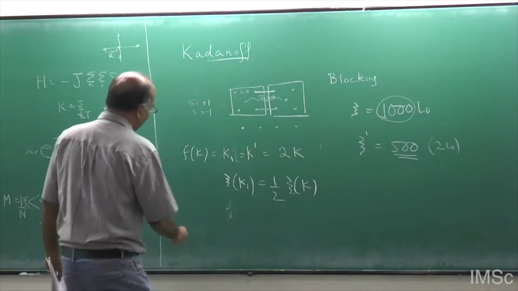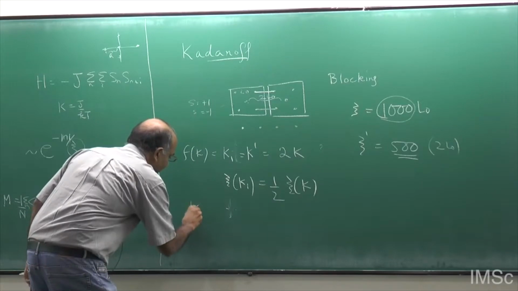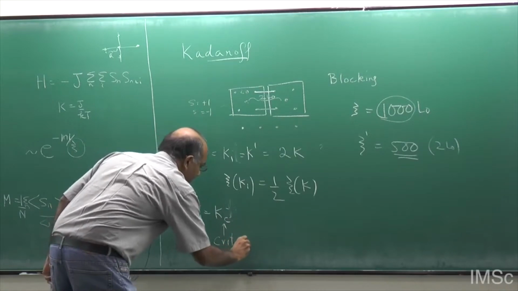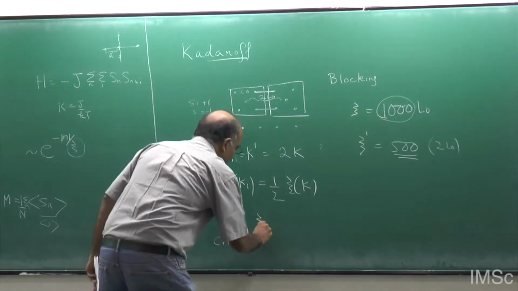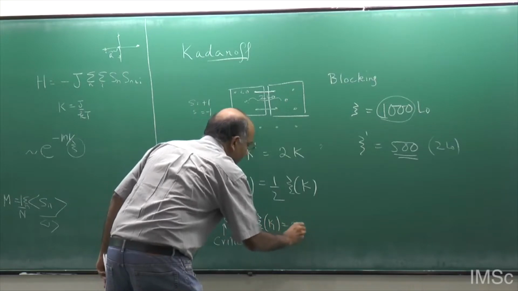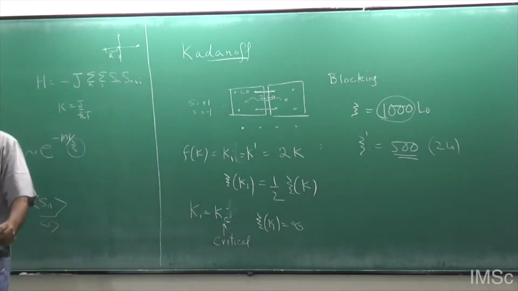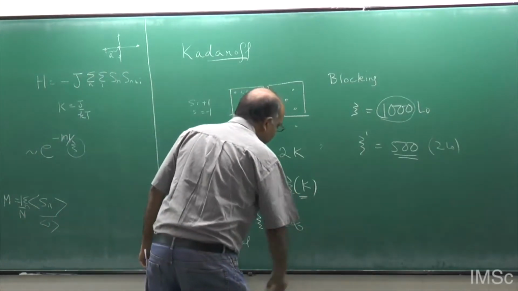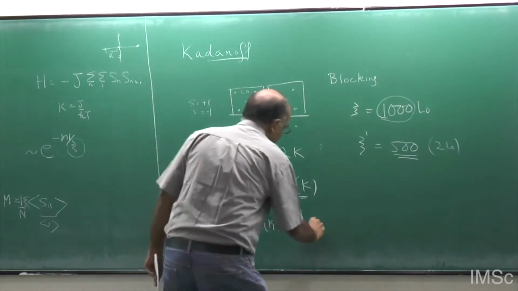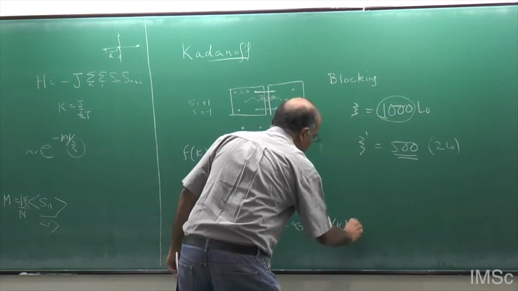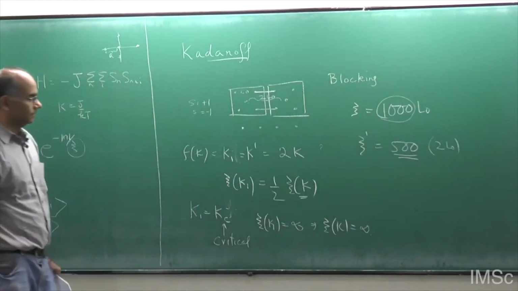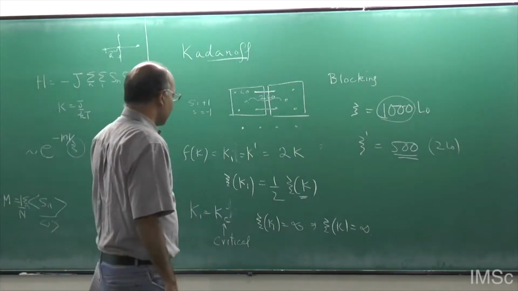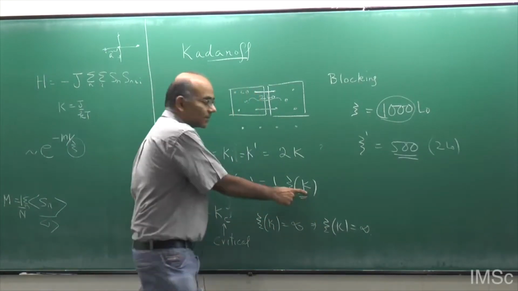Now suppose you're at the critical point, then K1 is just Kc. That's the critical point. So that means C of K1 is infinite, because that's C of Kc. Right at the critical point, C is infinite. That means this C is also infinite. But then if this is infinite, this must also be Kc.